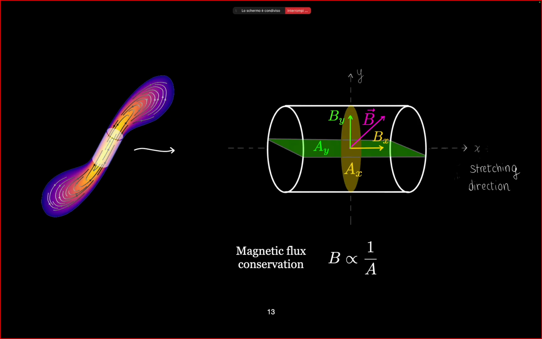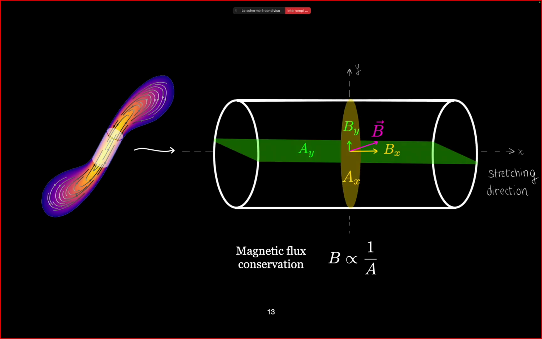And so we know how this cylinder is going to evolve. As I was showing earlier, it's going to expand in both directions, so both the stretching direction and the transverse one. However, the stream is stretched in the longitudinal direction much faster than in the transverse direction, which means that the vertical component of the magnetic field will be suppressed much quicker. And so that's why the magnetic field eventually aligns with the direction of stretching.